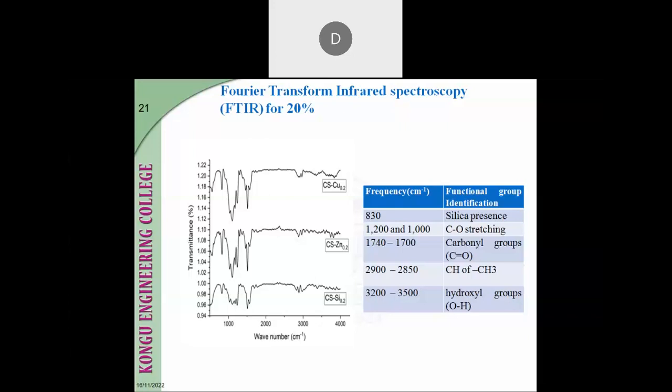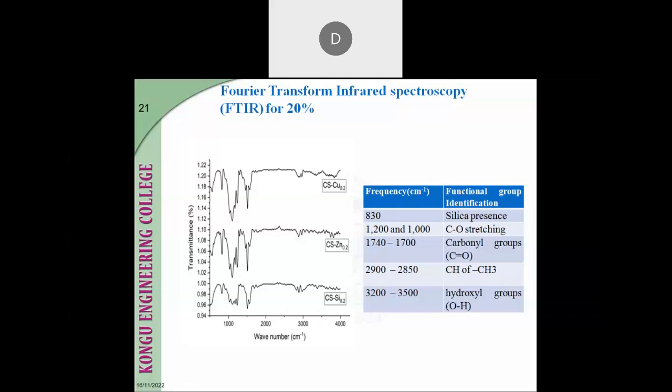And the CH here, in the range of 2850 to 2900, the CH of CH3 is completely removed from the activated carbon, with a peak absorption in the range of around 2800 to 2900.